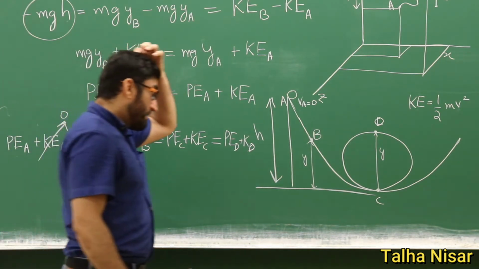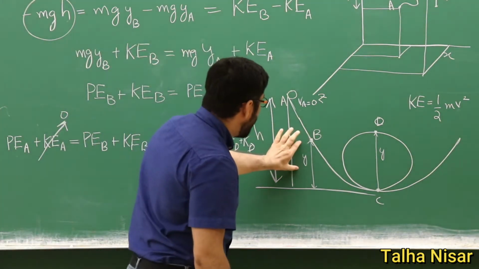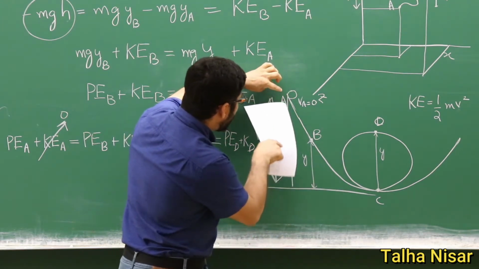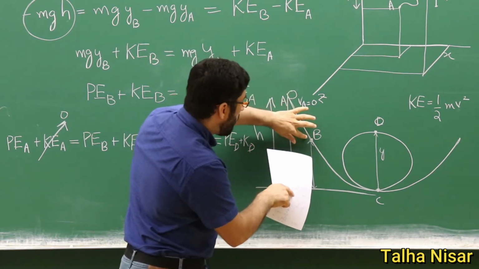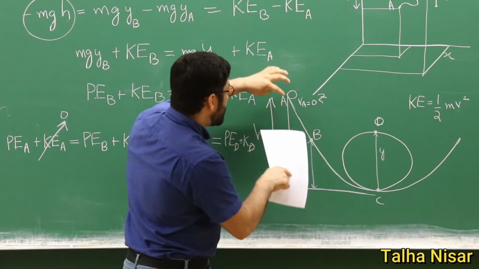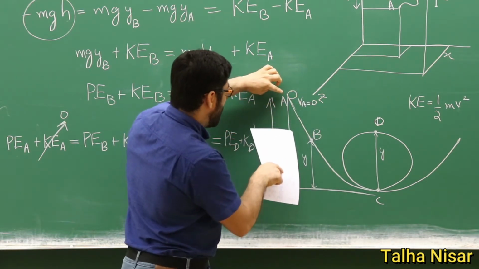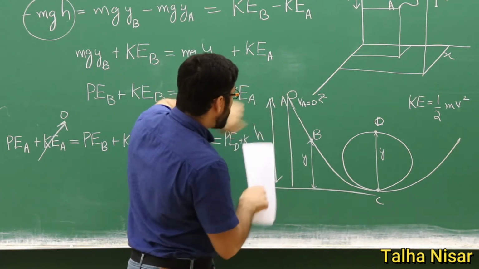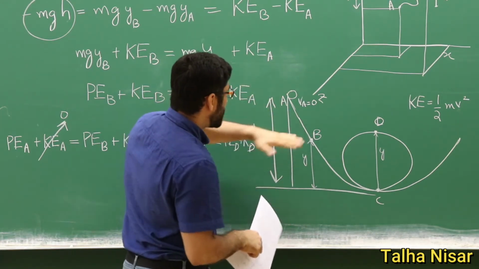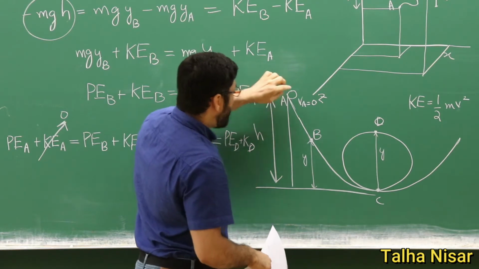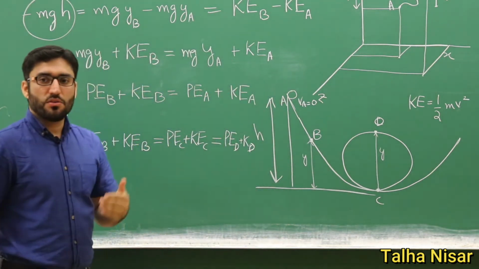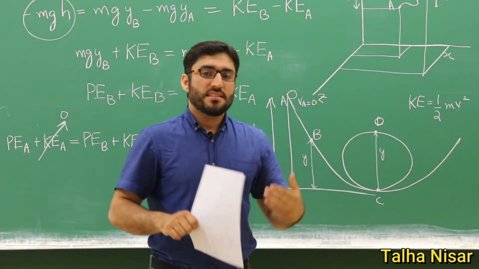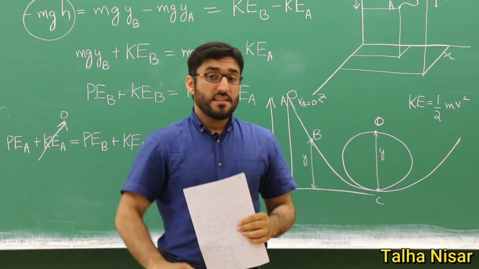And now at point B, we have some height, so the potential energy of this object at point B is smaller than it was at point A, because the height h is smaller. But we do not lose that potential energy; that energy is actually converted to kinetic energy.